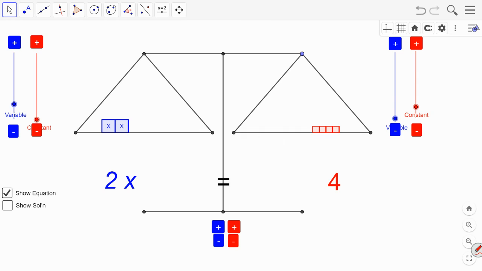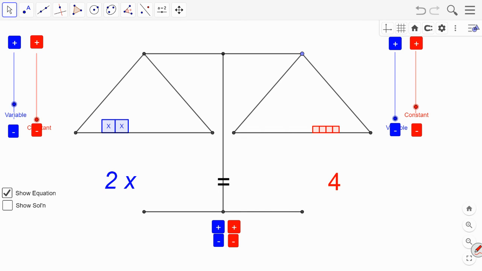Okay? And I could divide as well. I could cut these 4 blocks into 20 equal pieces, and that would be true as well. You can add and subtract to both sides. You can multiply and divide, as long as you're not dividing by 0.